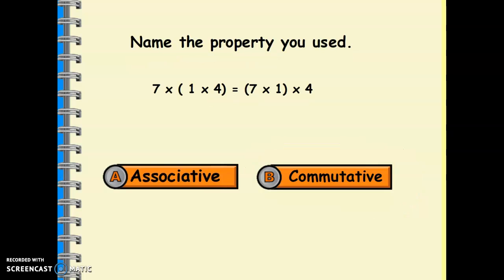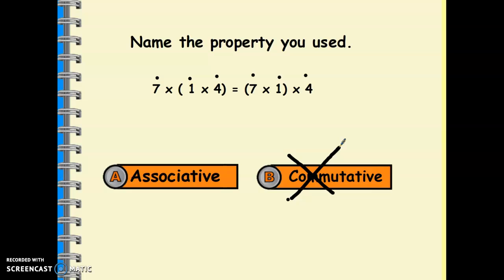All right, how about the property here? 7 times 1 times 4 equals the quantity of 7 times 1 plus 4. Hopefully you're noticing that the order is actually the same: 7, 1, 4, 7, 1, 4. So it is not commutative. What you should notice is that the grouping is different.